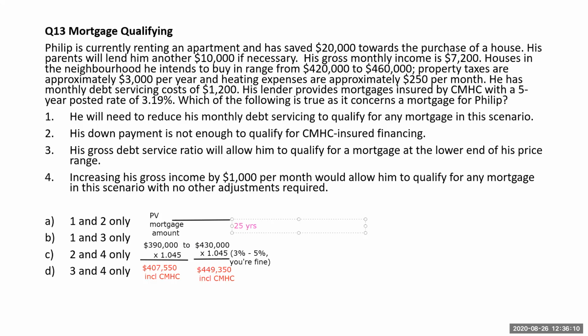I could have had some other amortization period, but I did tell you it's a CMHC mortgage, so 25 years is probably a good assumption here. 3.19%. Good stuff. What's my future value going to be? 0. And what am I trying to solve for here? Payment.